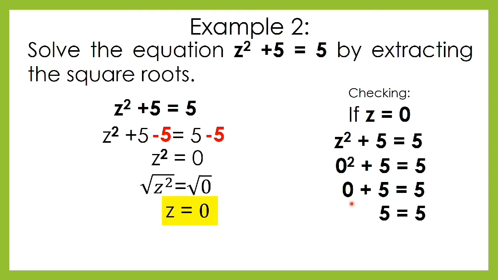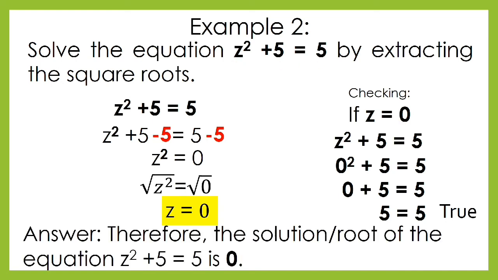Okay, 0 plus 5 is 5 equals 5. This is true. 0 satisfies the equation z squared plus 5 equals 5. Our answer, therefore, the solution or root of the equation z squared plus 5 equals 5 is 0.